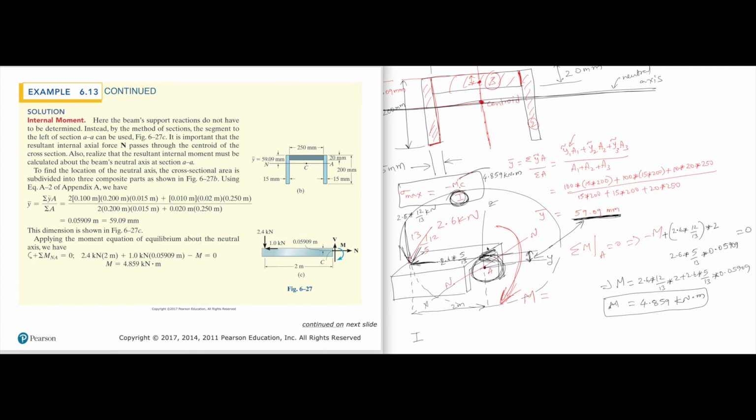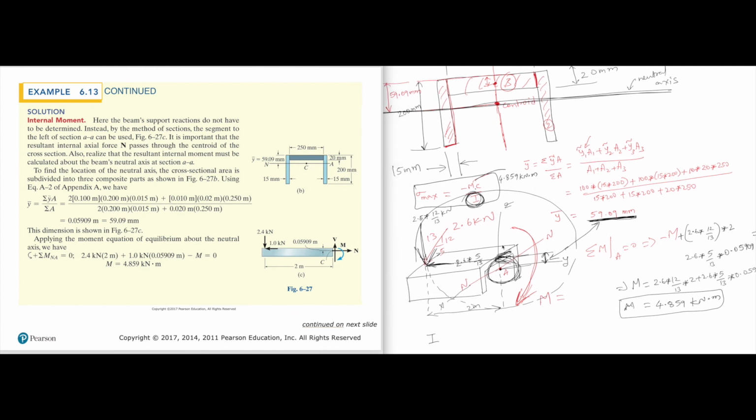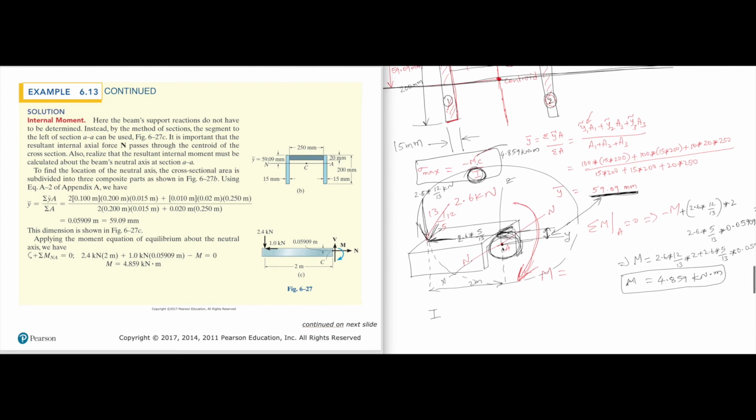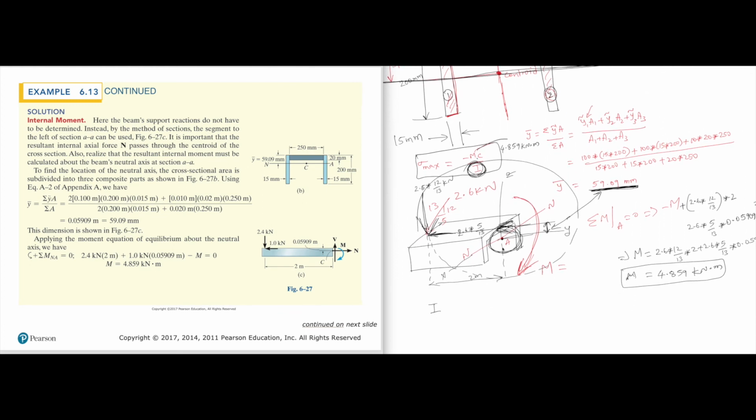So for this cross section, how many shapes do we have? We have 1, we have 2, and we have 3. So what is the moment of inertia I? According to the concept we discussed before, the moment of inertia I is the moment of inertia of the first shape with respect to the neutral axis, plus the moment of inertia of the second shape with respect to the neutral axis, plus the moment of inertia of the third shape with respect to the neutral axis.